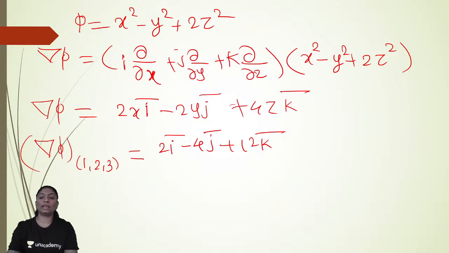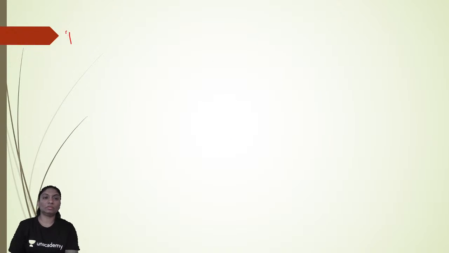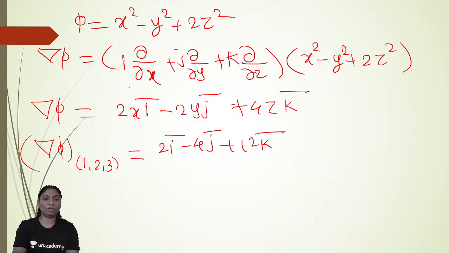Now we will calculate the directional derivative. Directional derivative is equal to del phi at point P dot a cap.